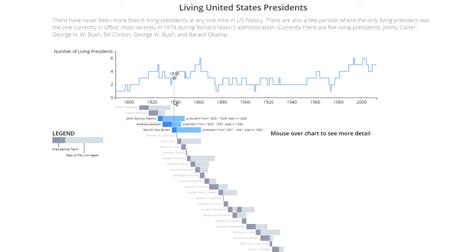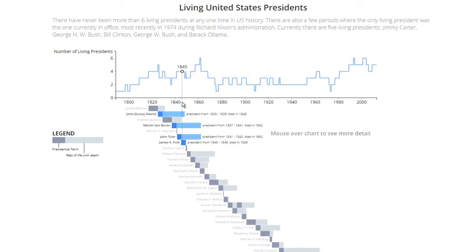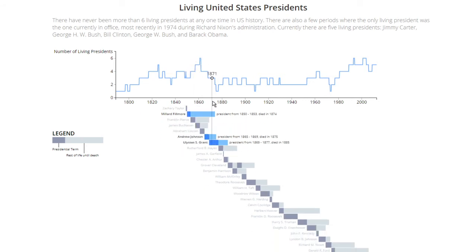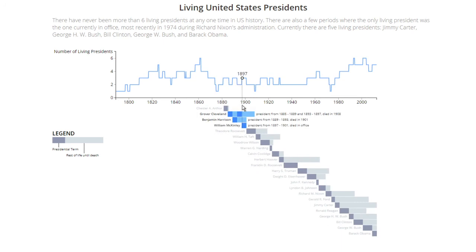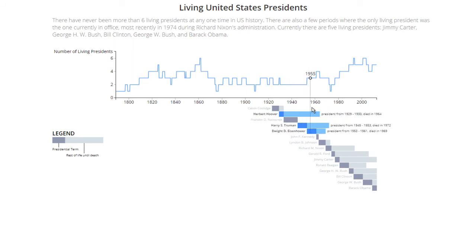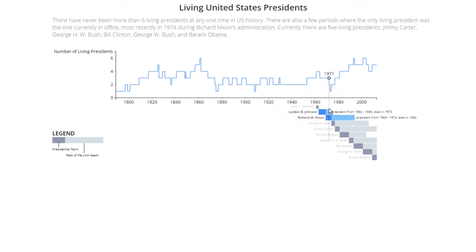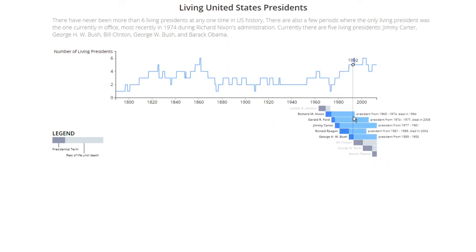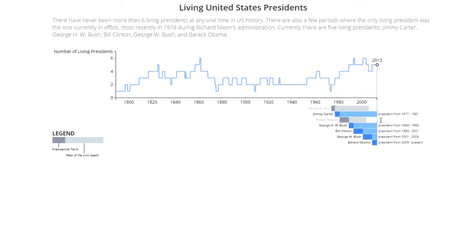You can see that there are some periods when quite a few presidents are still alive after leaving office. Back before 1900, the number of presidents still alive at the time was fairly small. However, in the modern era, particularly since about 1980 or so, there have been quite a few presidents who are alive after their presidencies are complete.